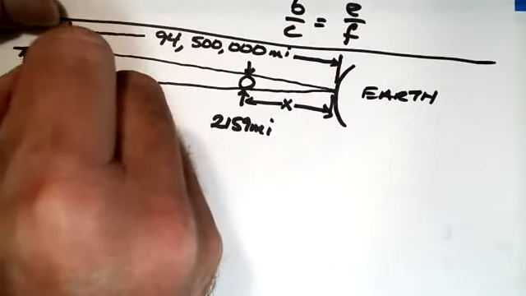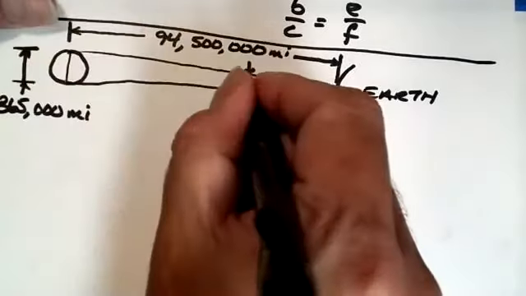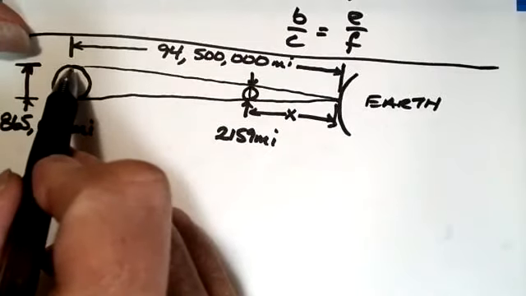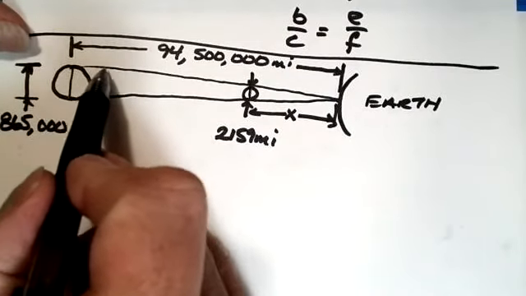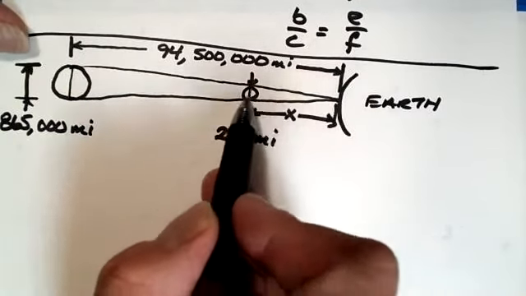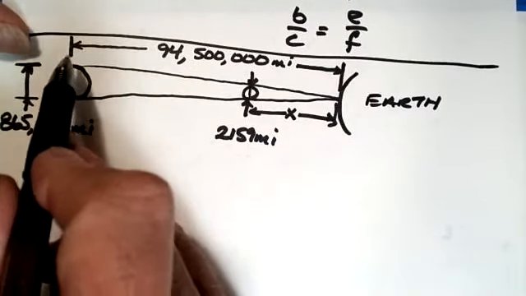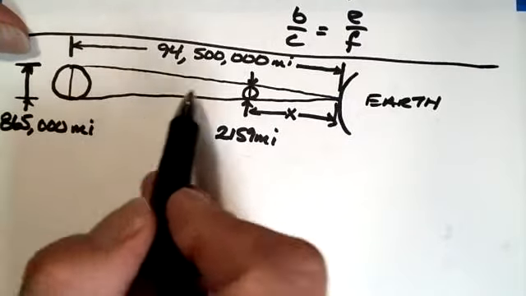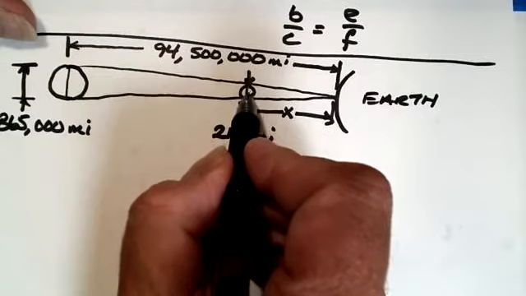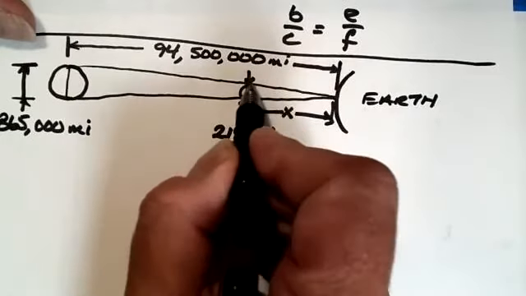So if you compare this triangle to this triangle, this triangle goes all the way from the peak of the sun down past the moon to the surface of the Earth, then back. That triangle happens to be an isosceles triangle. And then you have this triangle from the moon basically doing the same thing.